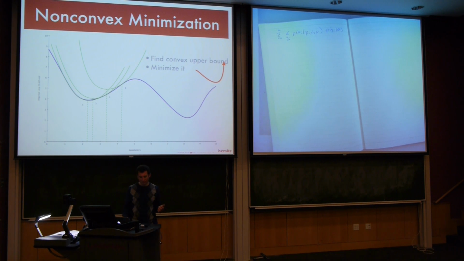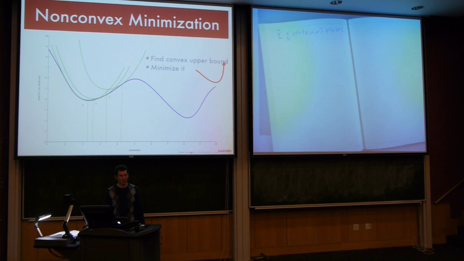Okay. So what's an easy way of solving this thing? Well, the easy thing is you go and compute a convex upper bound on the function that you want to minimize. You then minimize that convex upper bound, you get a new value. You evaluate this function again, you get the new convex upper bound, and you keep on doing this until at some point you're stuck.